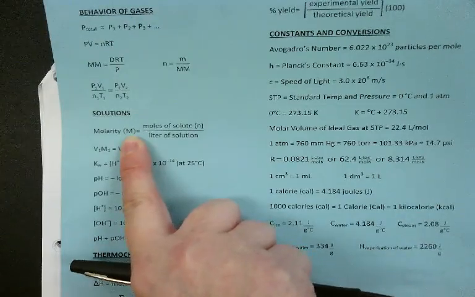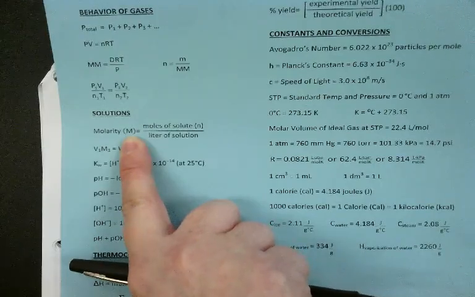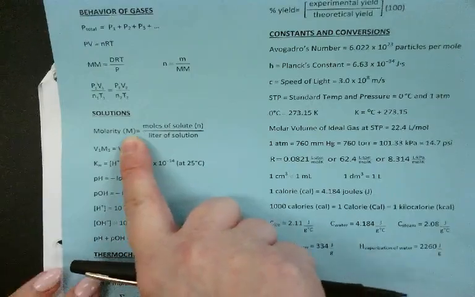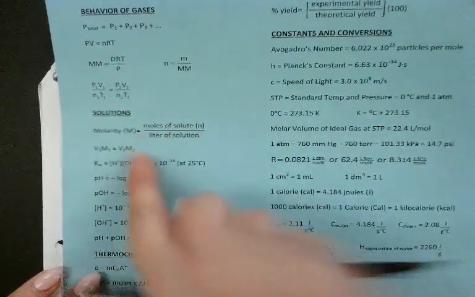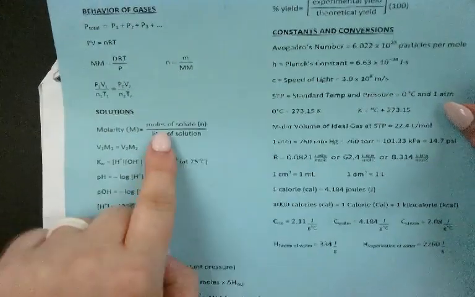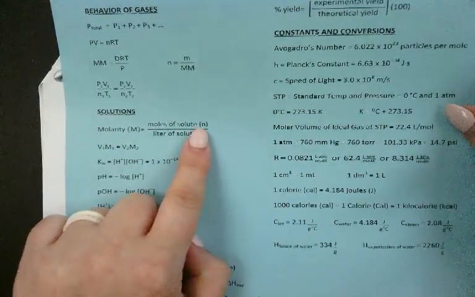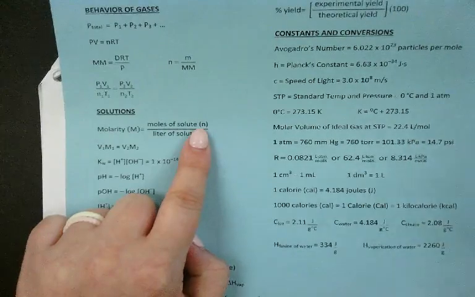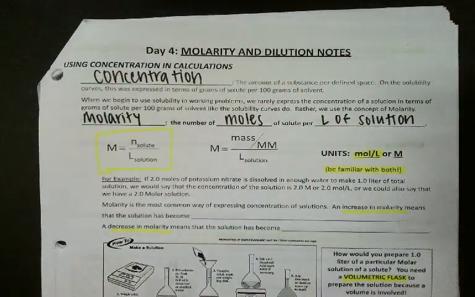I know, why do they want to make things difficult? We have molarity and molality. We will not be discussing molality, but if you go on and take AP Chem, you will. But if this formula is on your chart, do you have to have it memorized? No. So it's moles of solute, and this is expressed as n because moles in a lot of formulas is expressed as n, and you will see that again when we get to gas laws, over liters of solution.